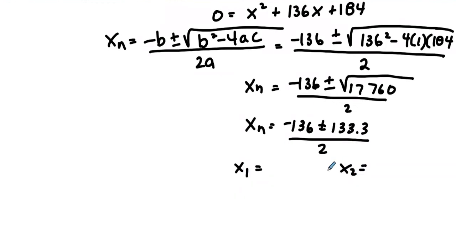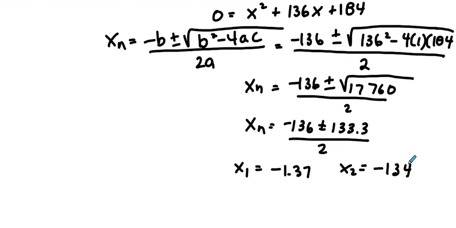And if you work this out, okay, so I won't do this calculation, but if you add and divide by 2, you should get negative 1.37 and negative 134.